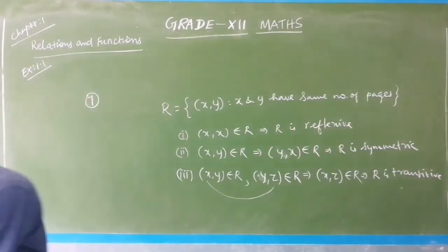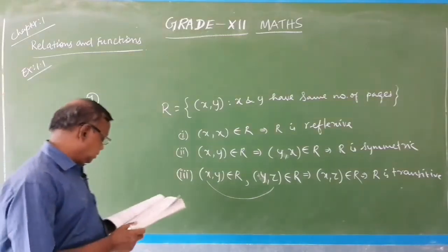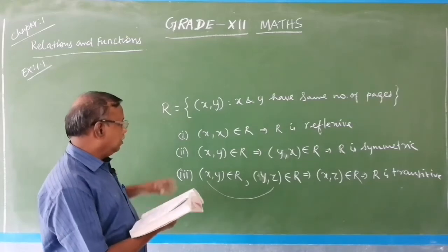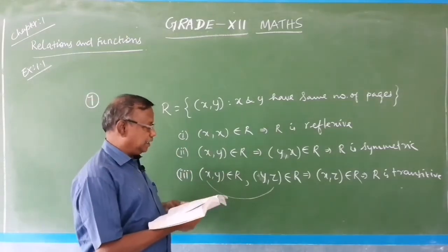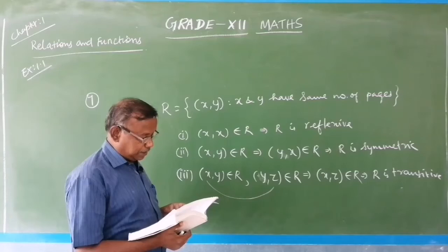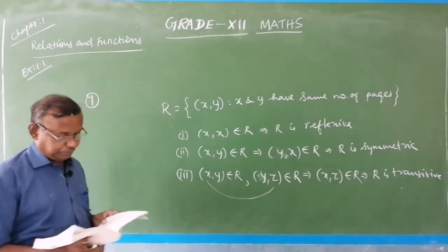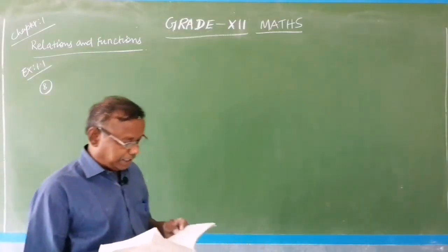Now let us see what they ask. Question number 7. Since the relation R is reflexive, symmetric and transitive, therefore R is an equivalence relation. Next, question number 8.